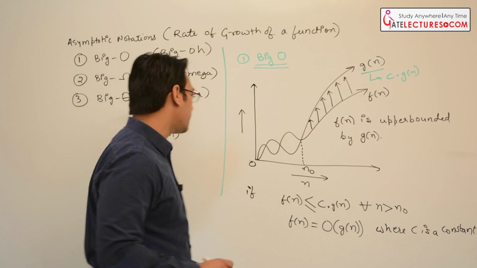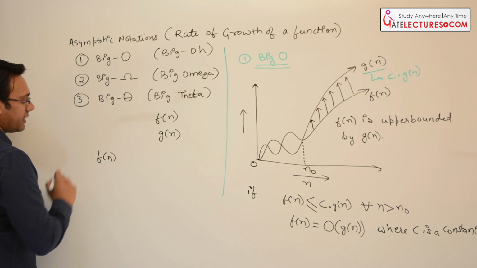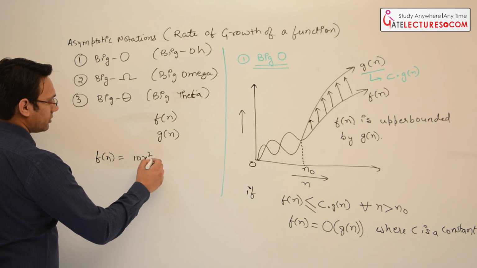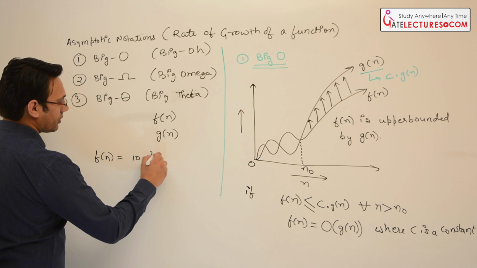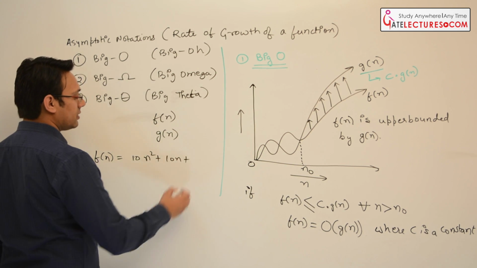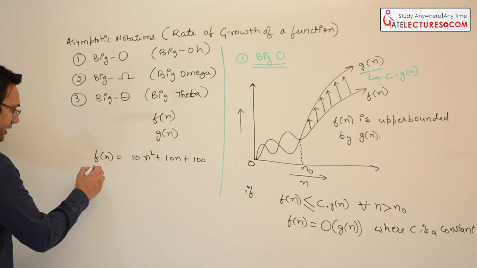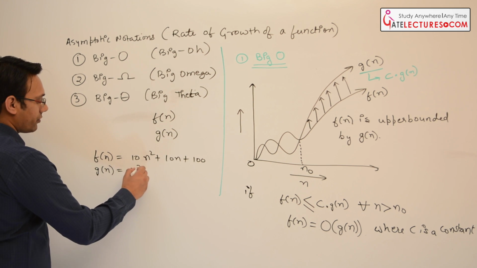Let me take an example here. Let us say we have the function f(n) is 10n square plus 10n plus 100, and we have the function g(n) as n cube.